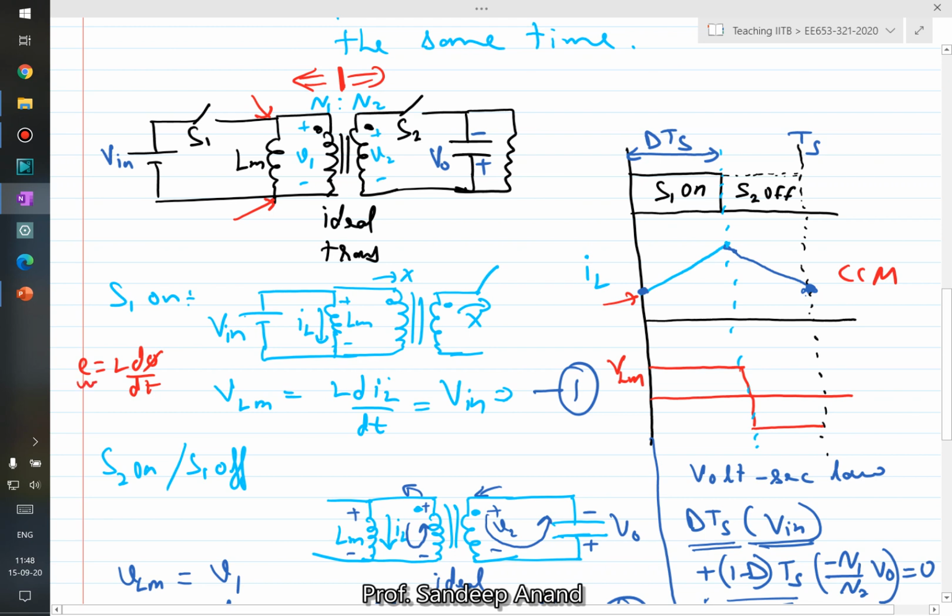If the applied voltage E is positive, then d phi by dt is positive, so you can plot phi. Phi would start, go up, and then if voltage E becomes negative, phi would decrease. Again the starting and the end point is the same.